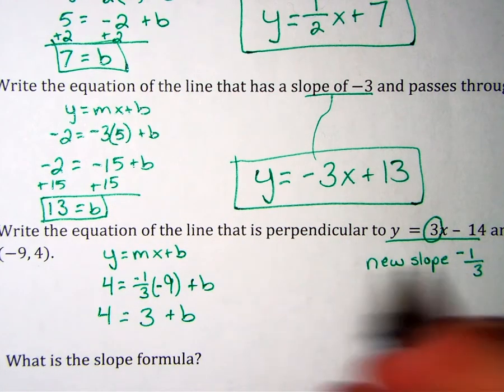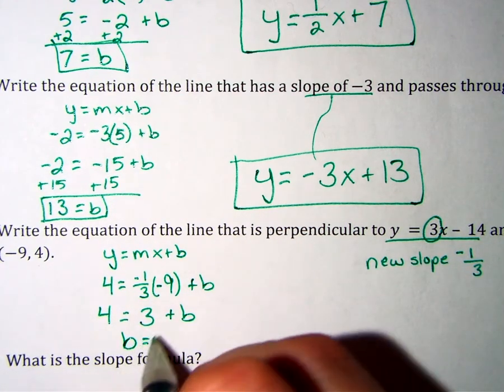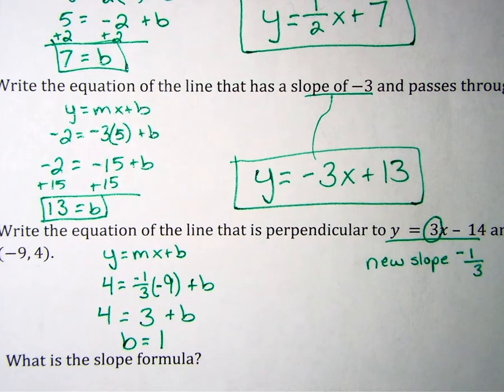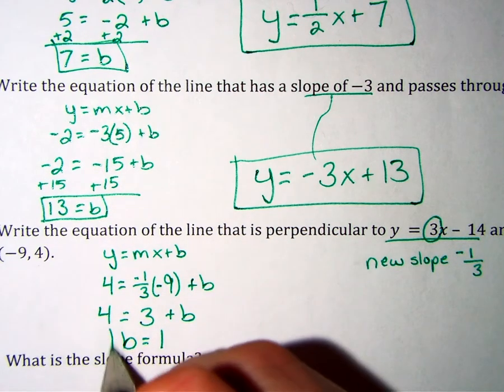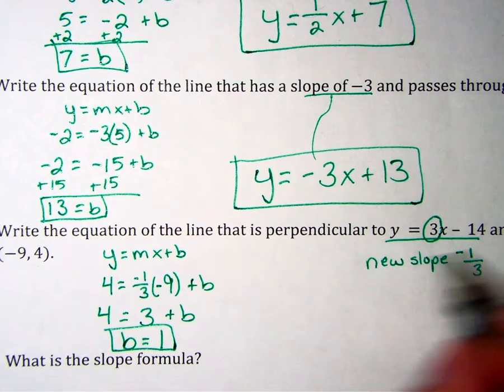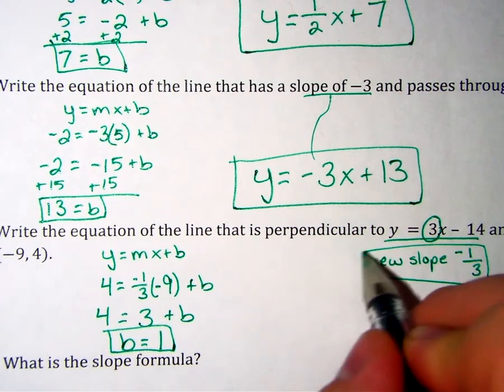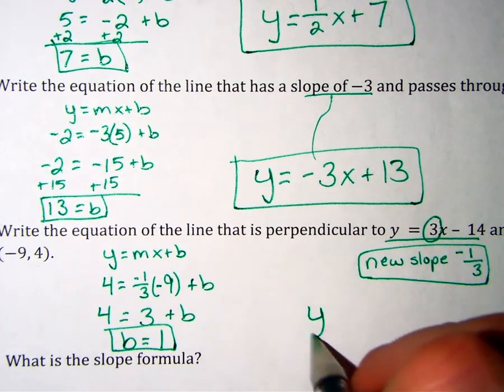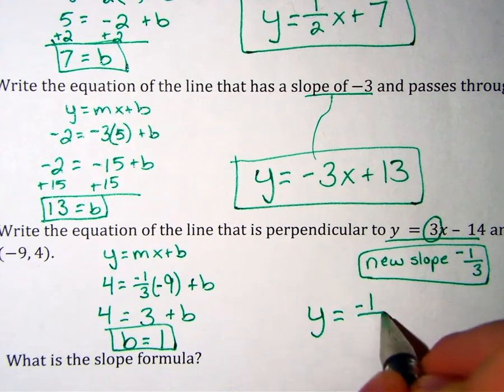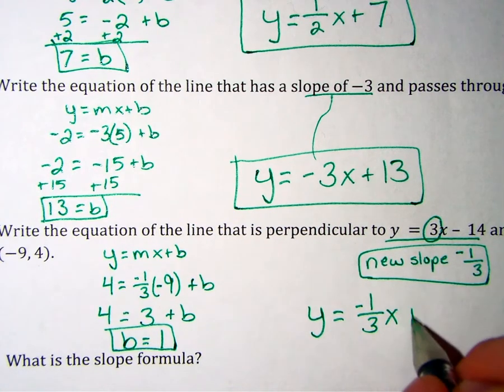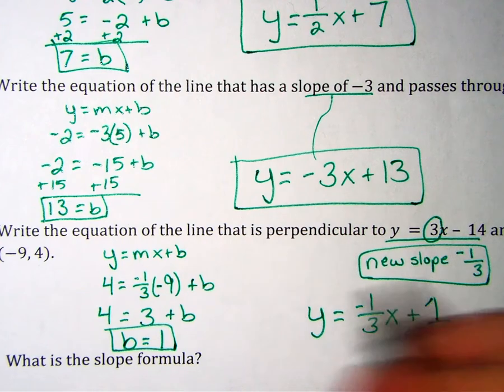We subtract 3 from both sides, and b will be equal to 1. Well, we again know the y-intercept and our new slope. So our new equation is going to be y equals -1/3 x plus 1.